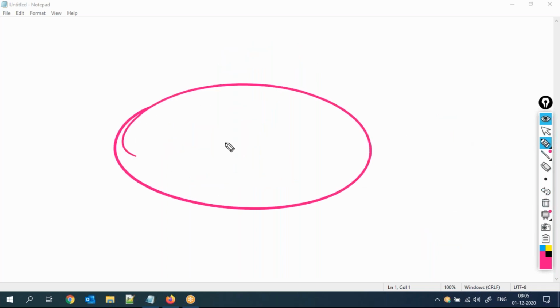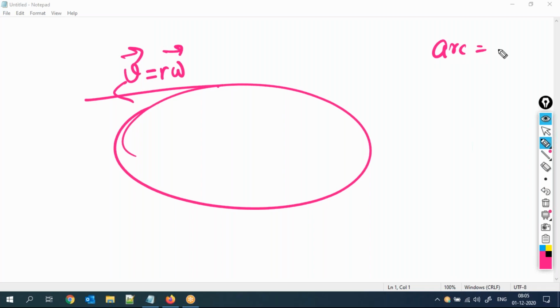So if something is moving in this direction, V equal to, remember, R omega? Yes or no? Yes, sir. If somebody doesn't know, S equal to R theta, right?